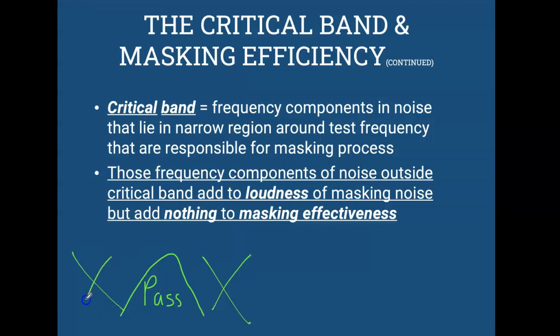It passes only information within the bandwidth of the filter and filters out everything else. So the auditory system acts as a bunch of bandpass filters. I'm going to show you a visual. The critical band essentially is the auditory system acting like this. Anything that's outside of this, any noise that falls outside of this, has no effect on the threshold or the ability to hear the sound.